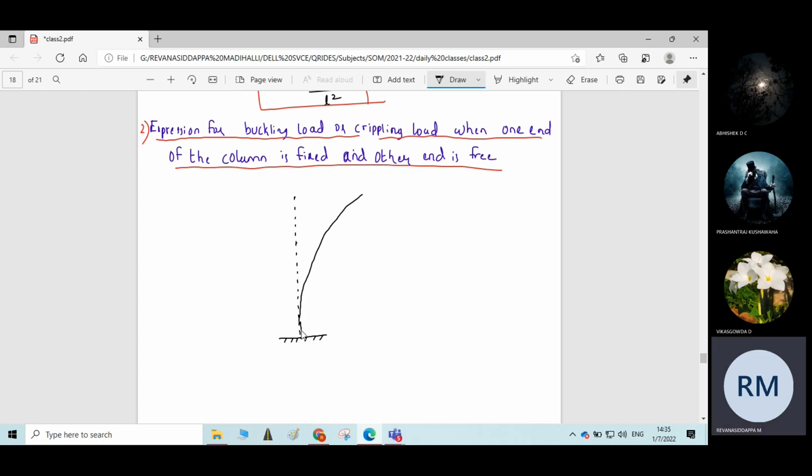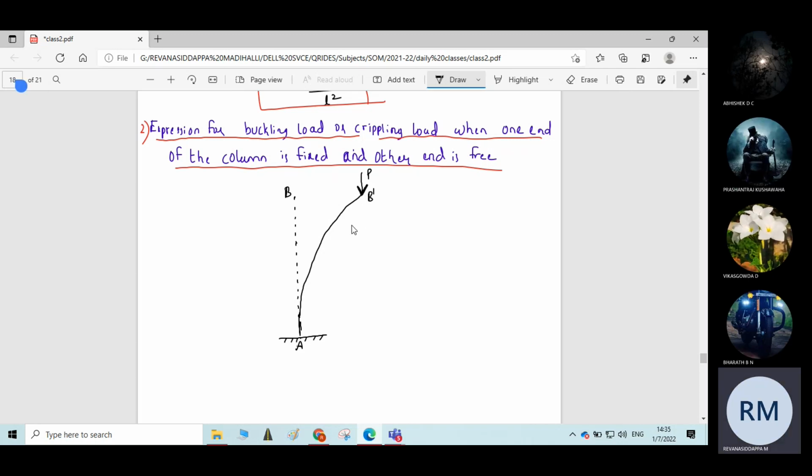The original shape of the column is AB. After the force is applied, the shape changes to AB dash.